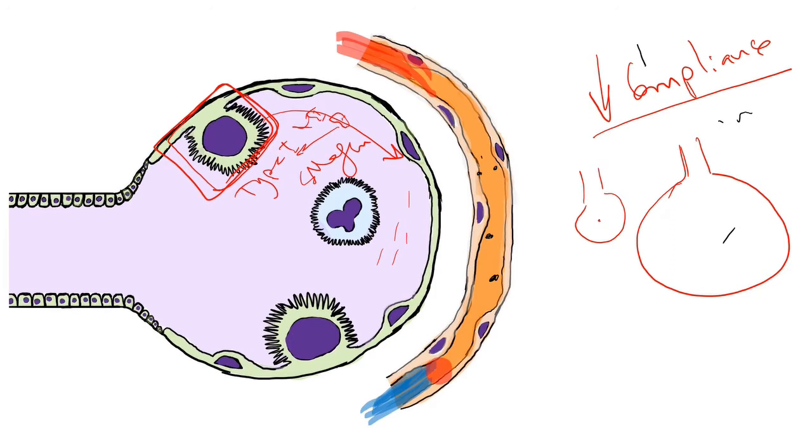Accordingly, the compliance here is the change of the volume per the change of the pressure. Changing a large volume with small changes in the pressure indicates that the lung is okay and the compliance is okay.